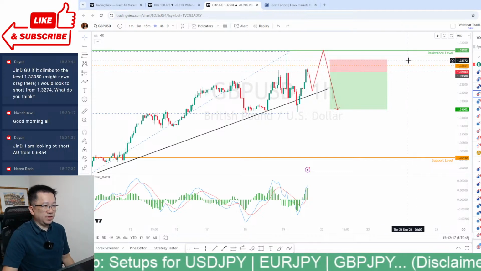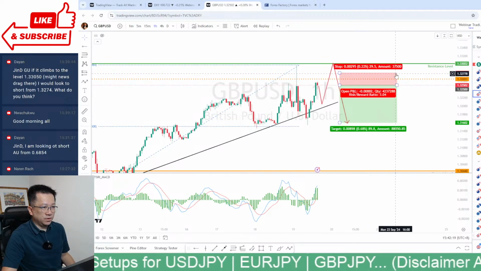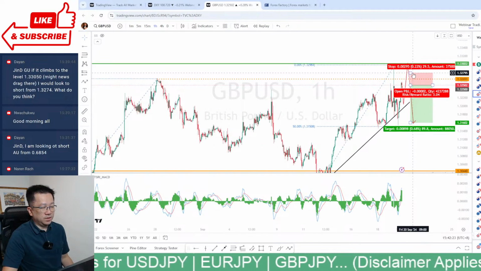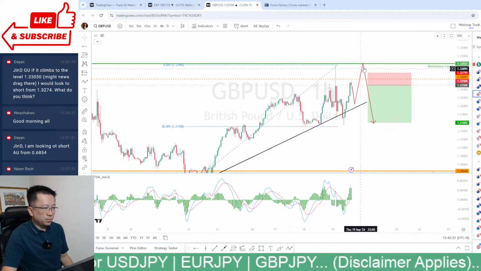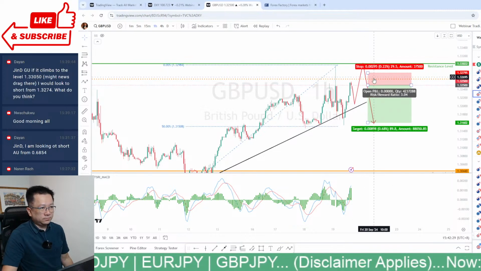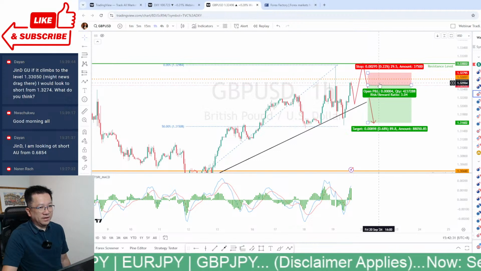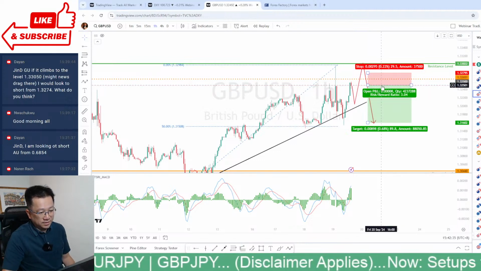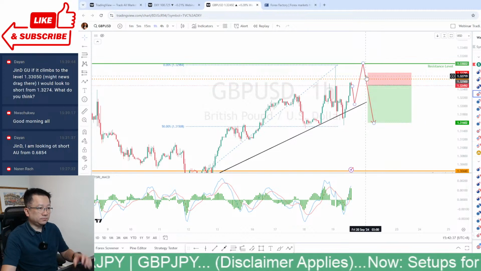I would just be thinking that 1.3274 seems to be still within that area. It's not that far off from 1.3250. So I think it makes sense.